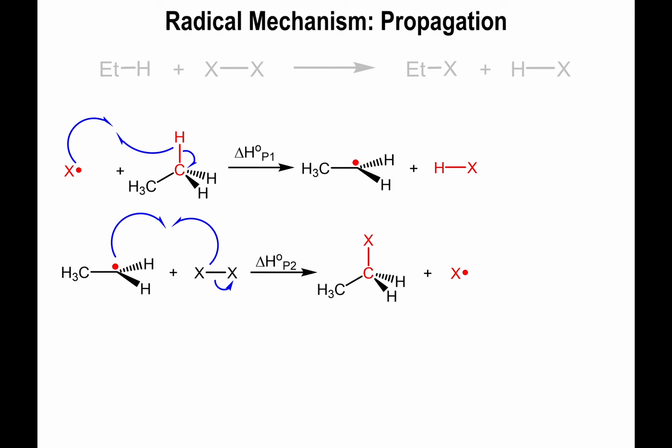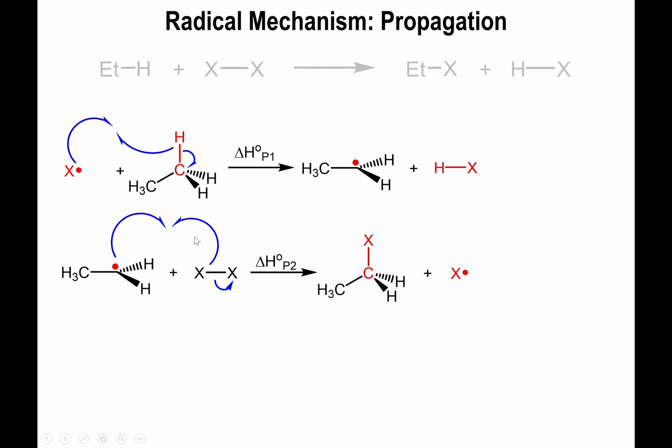Now, one thing I didn't mention earlier, but should be stated right now, is that the reason the second step happens with a second equivalent of X2 is because you are not actually forming a full molar equivalent of the radical in the initiation step. In the initiation step, you are at most making, and even this is an exaggeration, 1% of the radical out of X2.